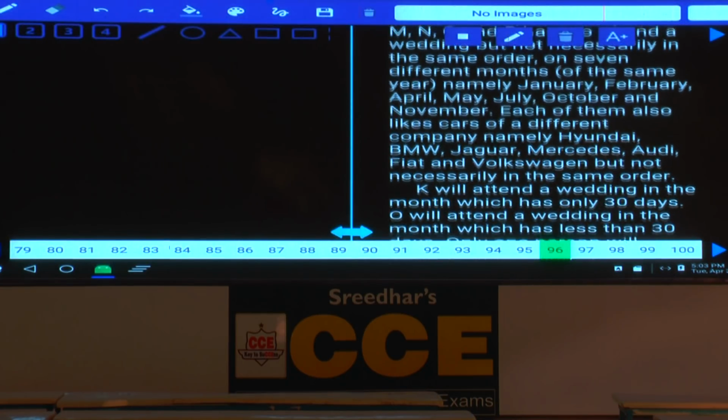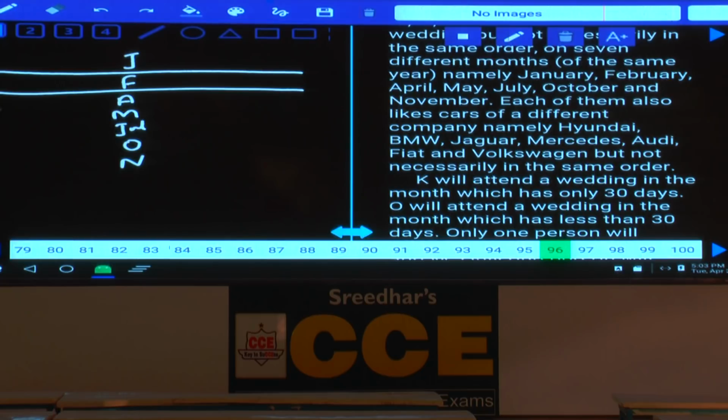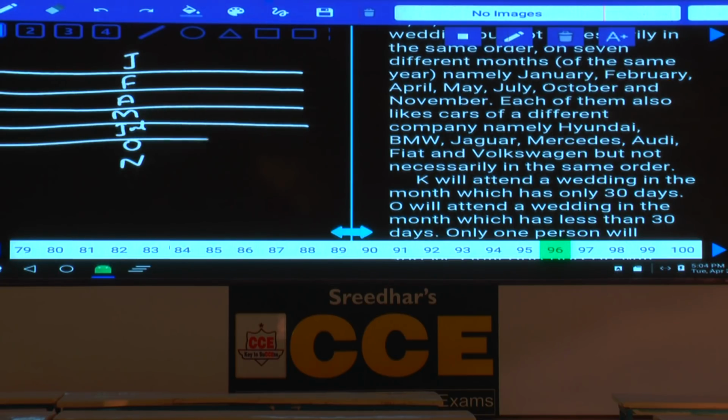Now the months are Jan, Feb, April, May, after this May it is July, October and November.